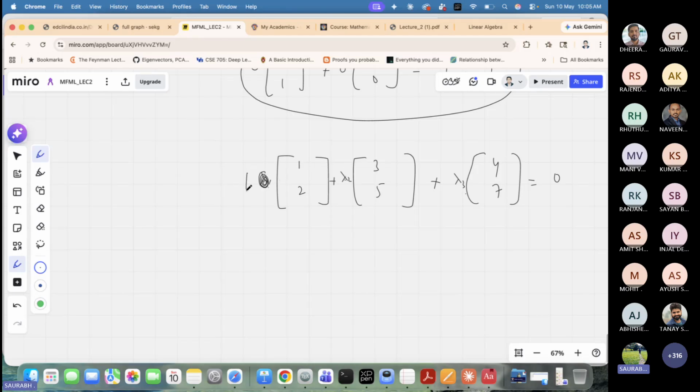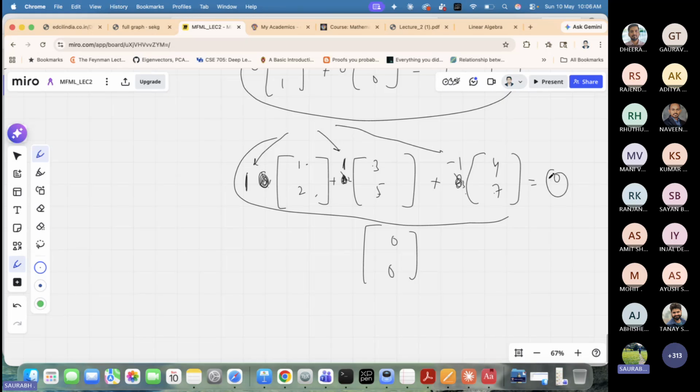For example, lambda 1 can be 1, lambda 2 can be 1, and lambda 3 can be minus 1. When you add them together, you get 0: 1 plus 3 minus 4 is 0, and 2 plus 5 minus 7 is 0. So without making all of them 0, you are able to get to 0, hence these are called linearly dependent.